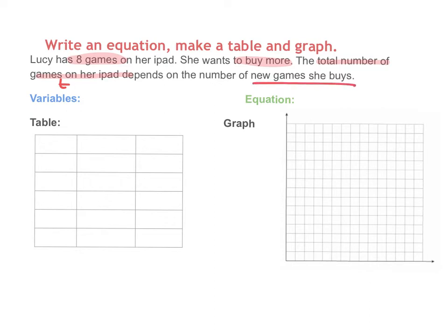We know that to write an equation, we need a y and an x, or in this case, we could name them other things if we wanted to, but I'm going to keep it y and x. So I know that we would have y, and that's going to represent her total number of games. That's me defining my variable, so I know what that represents. I also know that she has x. This is the number of new games she buys.